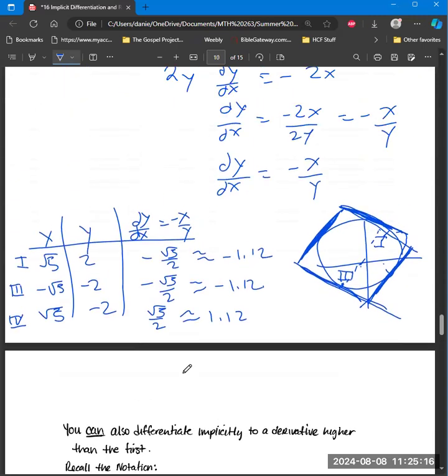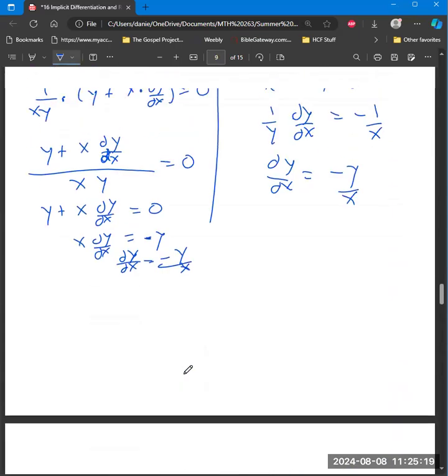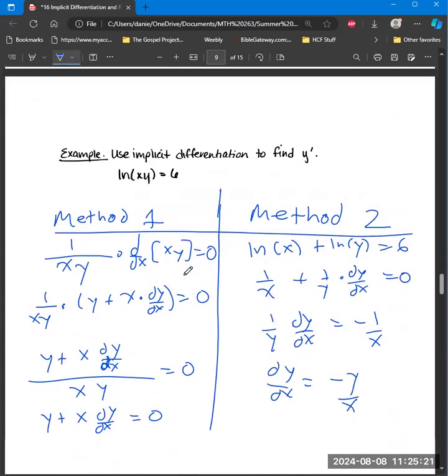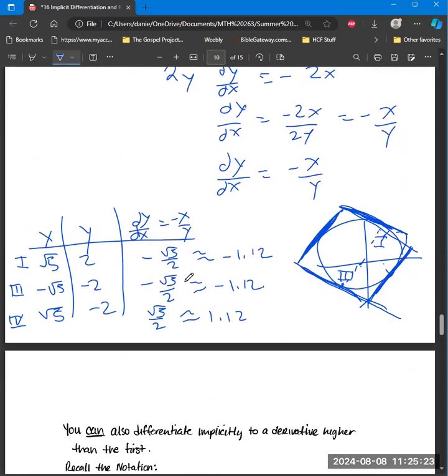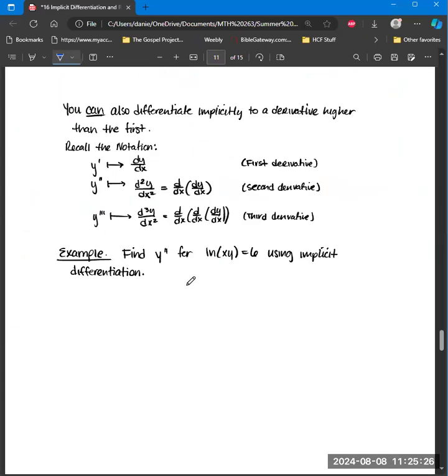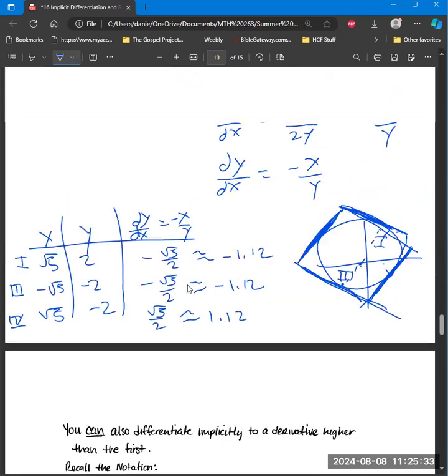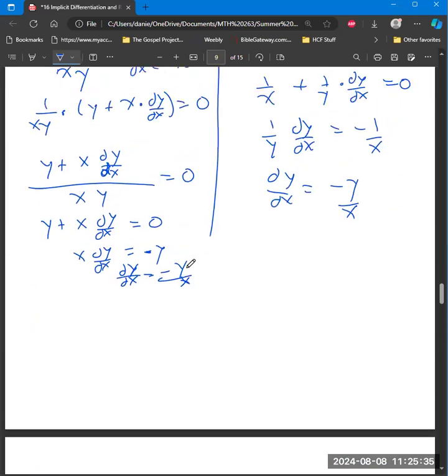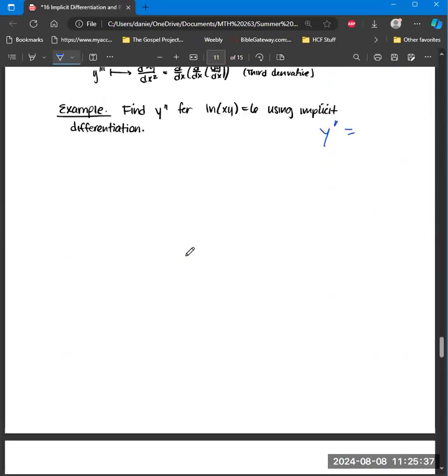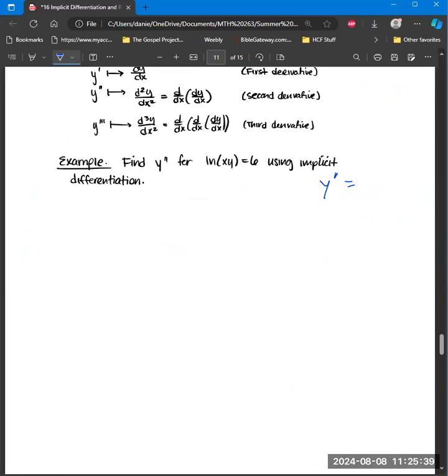So let's take this problem that we just did right up here, and let's find the second derivative for it, knowing that we just found the first derivative, y prime, a second ago was equal to -y/x. I'm not going to make you find that again. Okay, we just did that a couple examples ago. So we're going to take the derivative of both sides now.